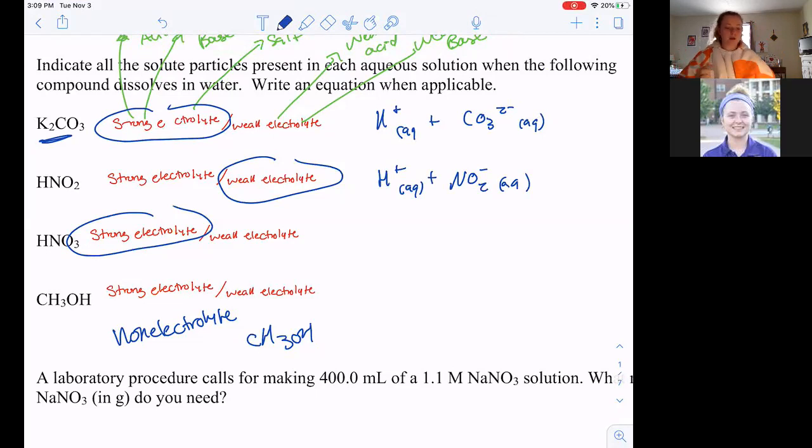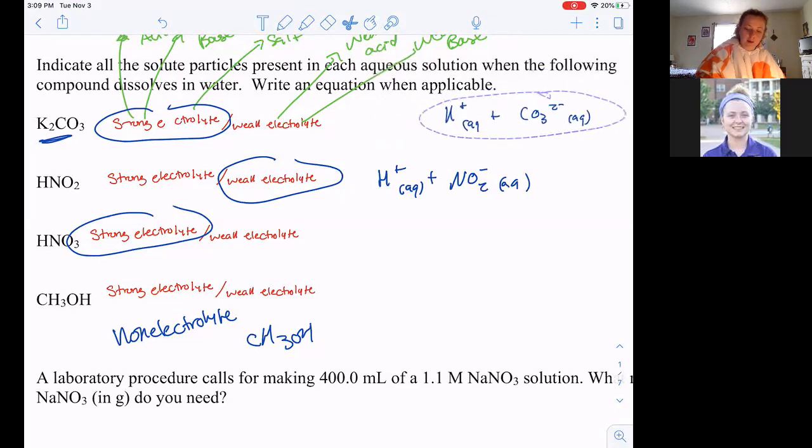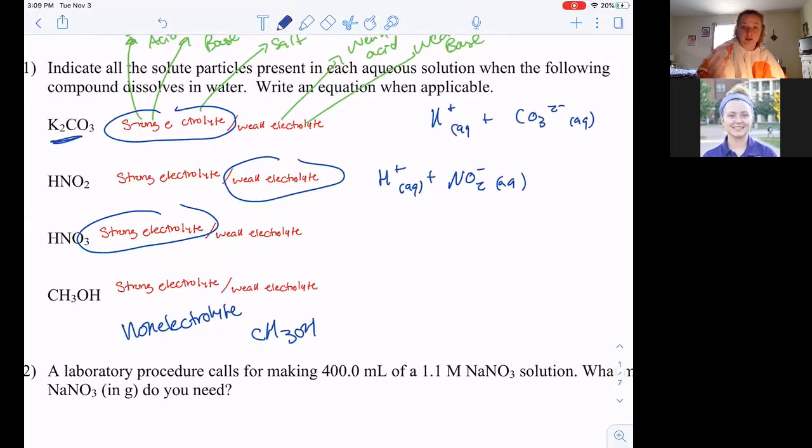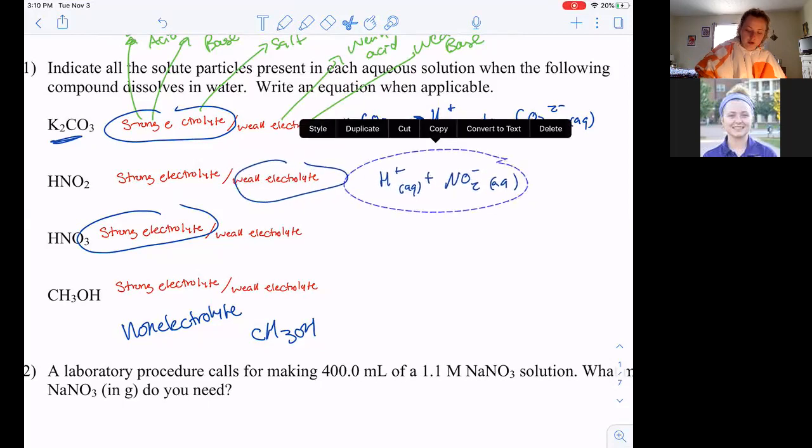And the way you can tell the difference is that K2CO3 is just going to break apart. It's going all the way. The reaction's fully going in that direction.